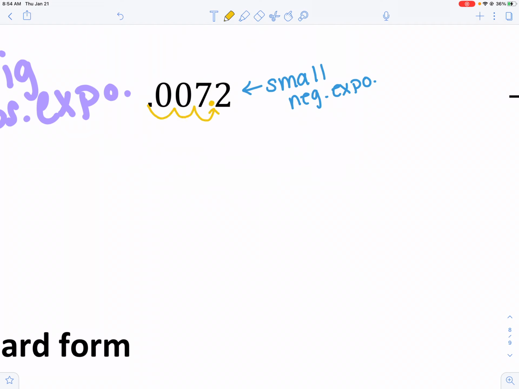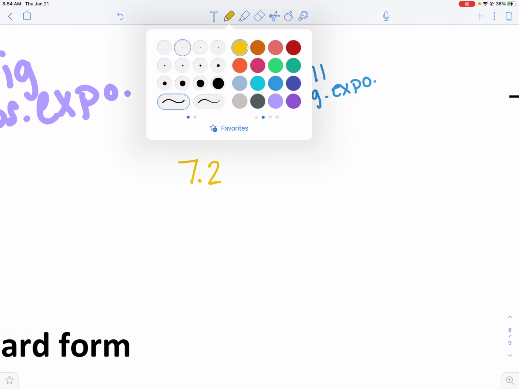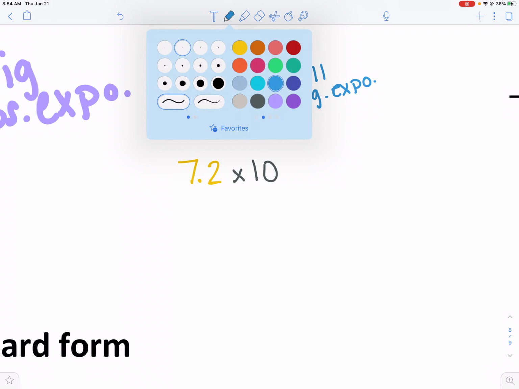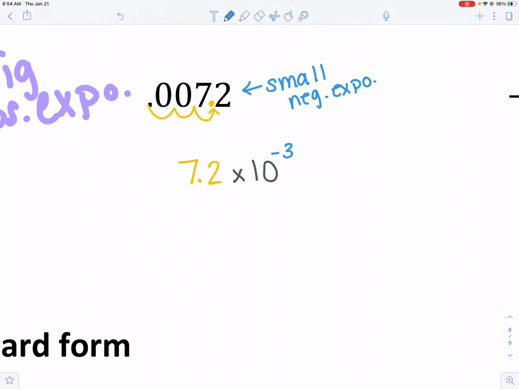If I stop right there, I only have a 7 in front of the decimal. The zeros don't really count in scientific notation. So I'm going to have 7.2 and then times 10. Well, because I moved it 3 places and it's a small number, that thing is going to be a negative 3. So I'll have 7.2 times 10 to the negative 3.